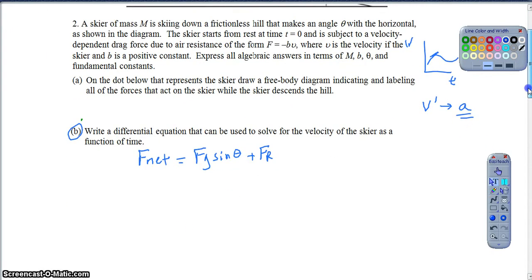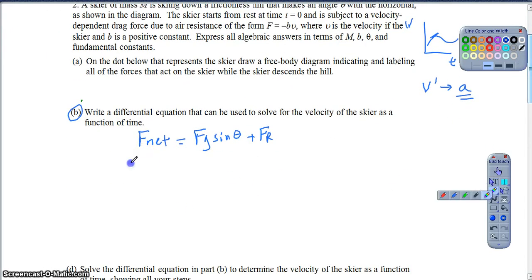So as I start to plug this in, I get my net force, which would be mass times acceleration, equals mass times gravity times sine theta minus BV. So that's the expression that I've got here.